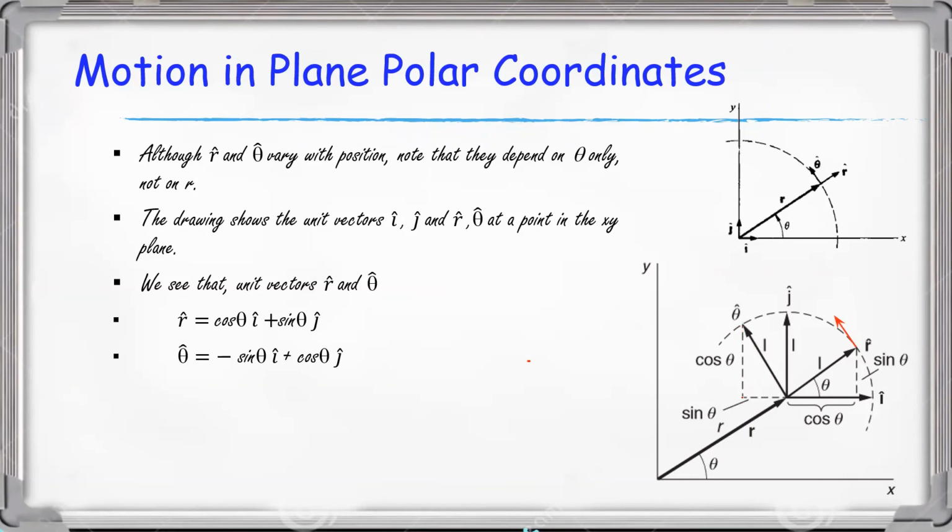Then it is meeting at this point, then this length must be equal to sin theta, and the direction is minus i cap. When we draw a perpendicular to this point, this quantity is cos theta, and it is in the direction of j, so we get theta cap is equal to minus sin theta i plus cos theta j.